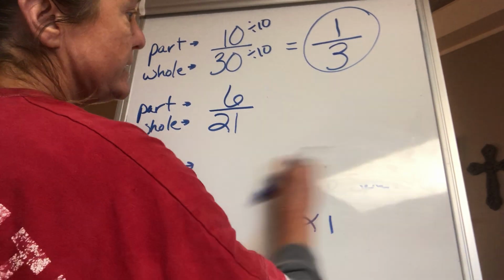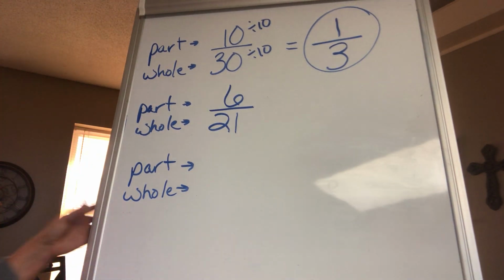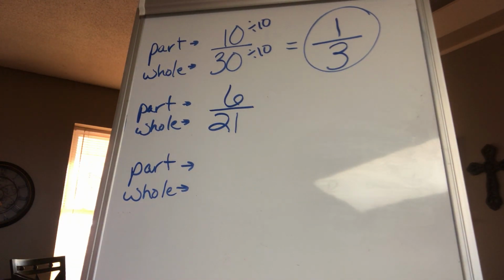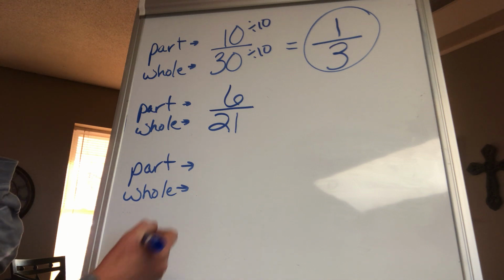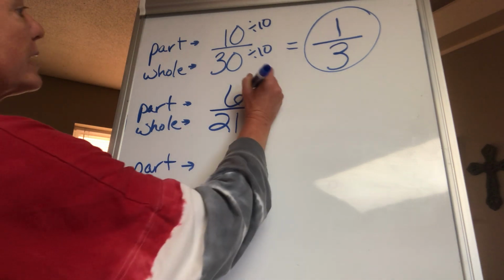And then I have to see, is there anything I can divide 6 and 21 by and get 0 remainder? Okay, 2, I can divide 6 by 2, but I can't divide 21 by 2 or I'd get a remainder. And let's see, 3, I know 6 is divisible by 3. And oh yeah, from my math facts, I know that 21's divisible by 3.